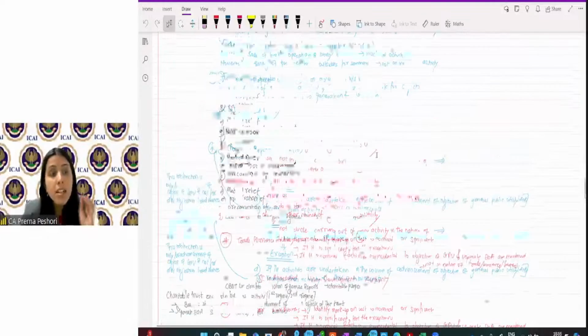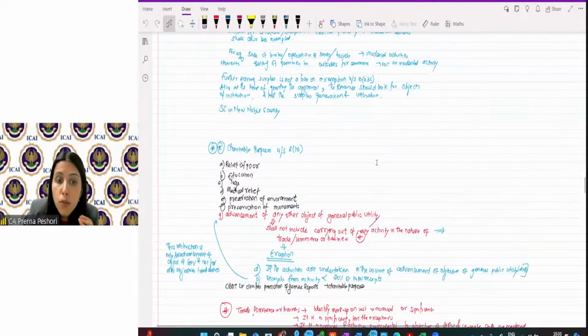It says that if the object is advancement of any other object of general public utility, then it shall not include carrying out of any activity in the nature of trade, commerce, or business. The exception is if the activities are undertaken in the course of advancement of the object of general public utility and the receipts from the activity are less than 20% of total receipts. Now, this particular point is applicable only in case of advancement of any other object of general public utility. This is not applicable for any of the other objectives.